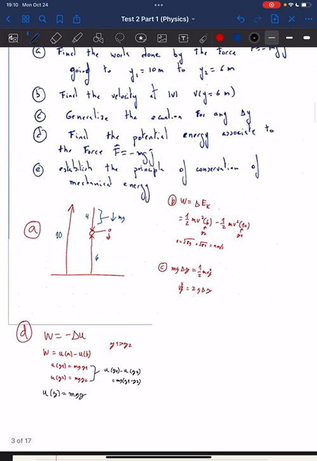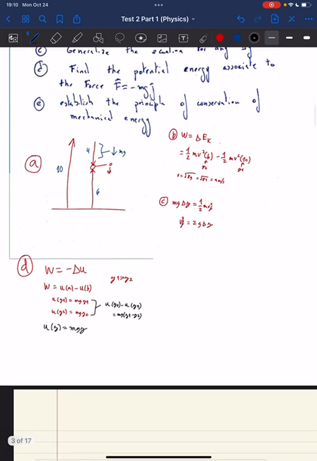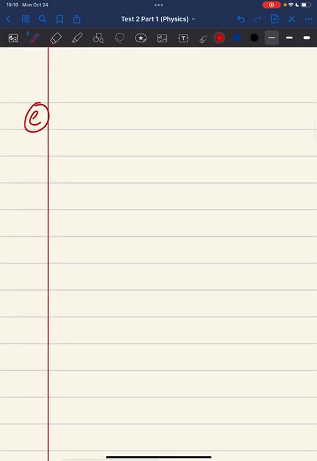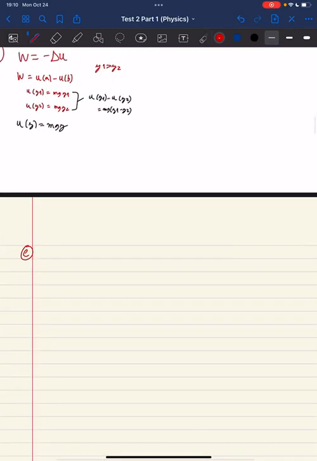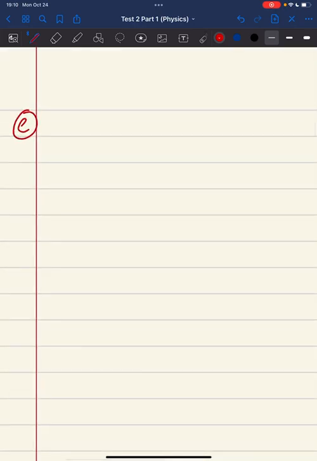Sorry. So the letter E says establish the principle of conservation of mechanical energy. So we're going to jump to E. The work, it was the principle of conservation of mechanical energy. Once again, we said work is the change of kinetic energy. Kinetic energy is Kf minus Ki, K final, K initial.